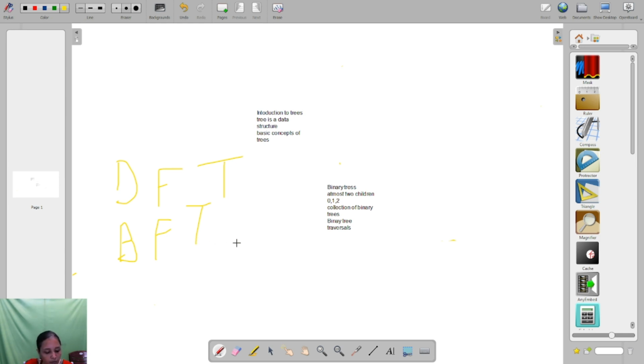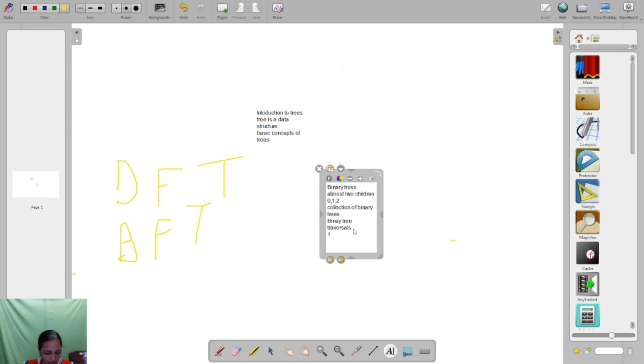Here we will see the depth first traversal sequences. There are three types of depth first traversal sequence in a binary tree.